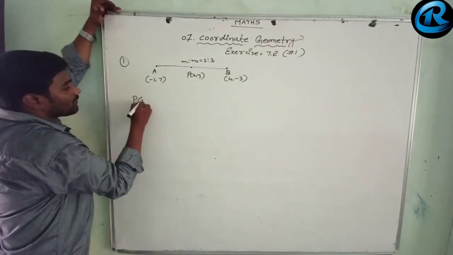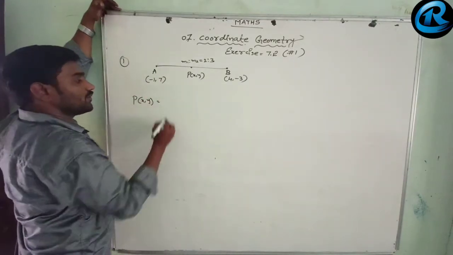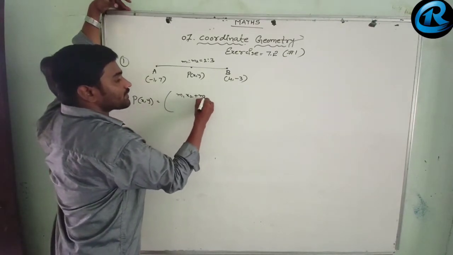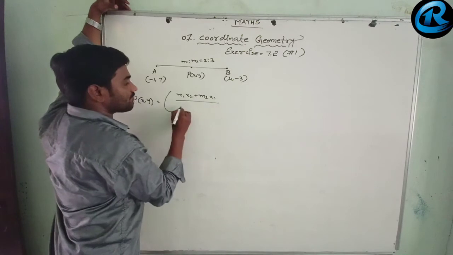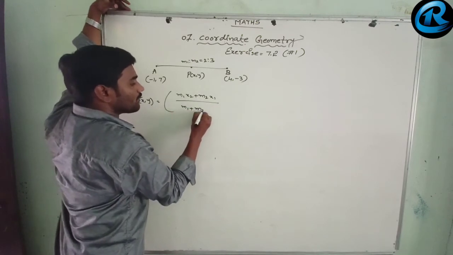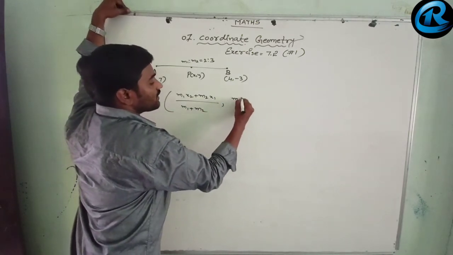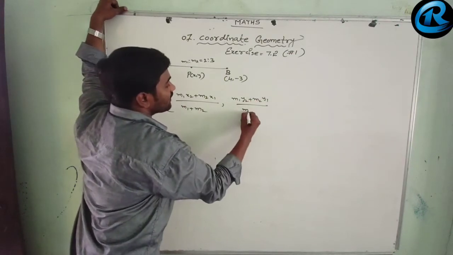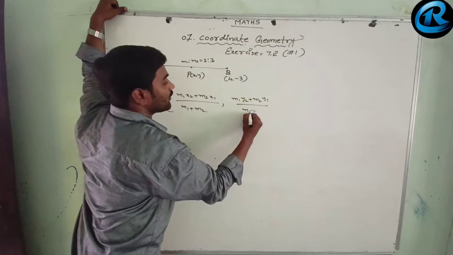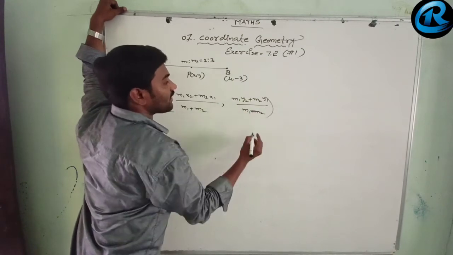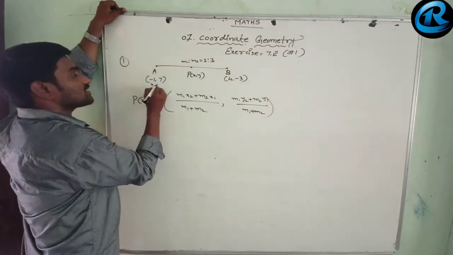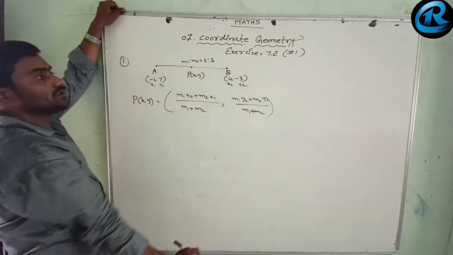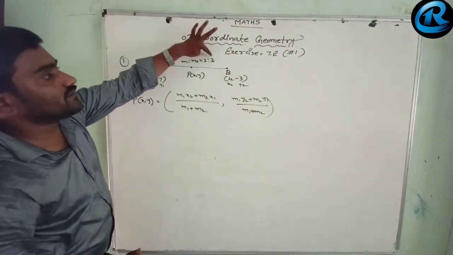The section formula: P(x, y) is equal to (m1 x2 plus m2 x1) by (m1 plus m2), comma, (m1 y2 plus m2 y1) by (m1 plus m2). This is the formula. Here we have x1, y1, x2, y2, and m1 value is 2, m2 value is 3.